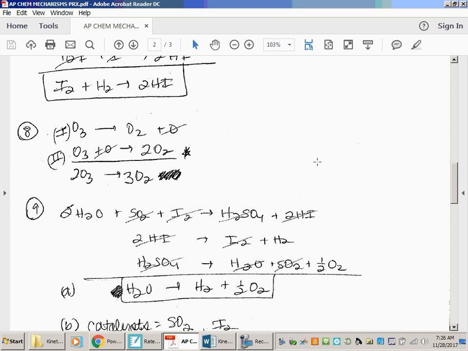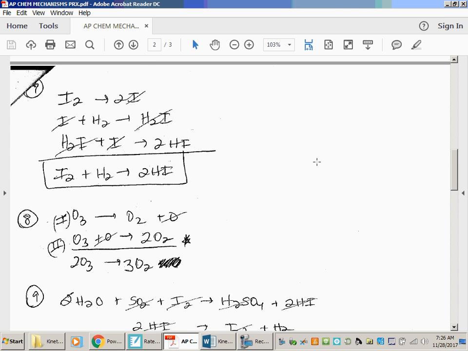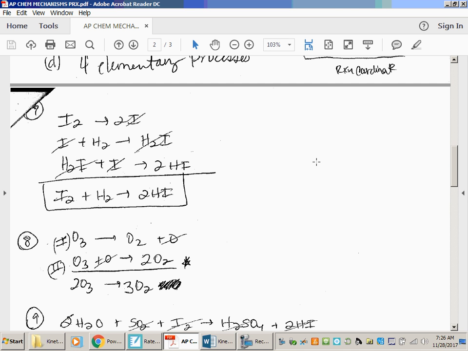If this is the overall, you just had to come up with a way to get 2 ozones, so you definitely need a 2 or a secondary ozone here. You need to find a way to cancel out the O singlet as an intermediate, and then oxygen diatomic, you needed another one, so we just did that. Let me just leave that there for a second.